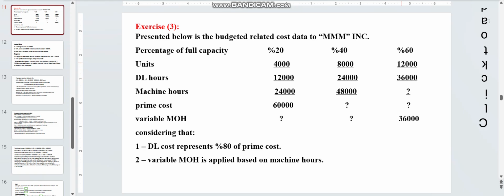Now, to get standard hours per unit, you may use any total of budgeted direct labor hours over the related level of units. So it could be 12 over 4, or 24 over 8, or 36 over 12.